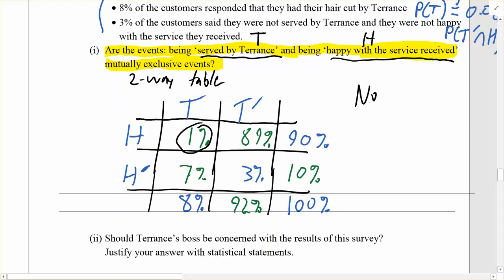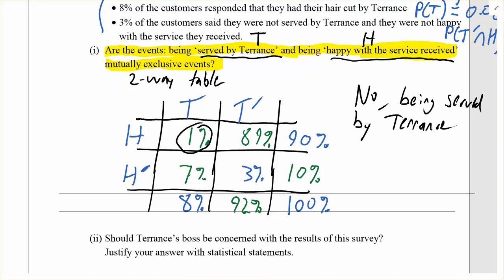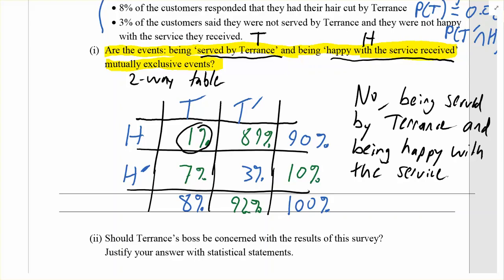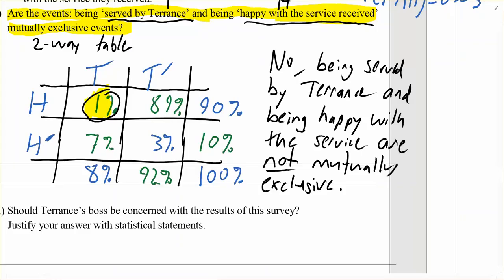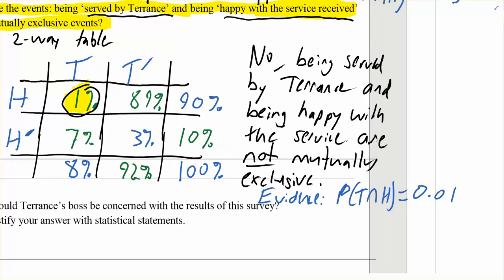Specifically, being served by Terence and being happy with the service are not mutually exclusive. And the evidence is that the probability of T and H is 0.01, not 0. Meaning that just because you were served by Terence doesn't mean that you can't be happy with your service.